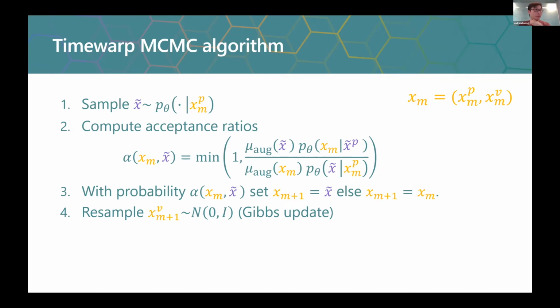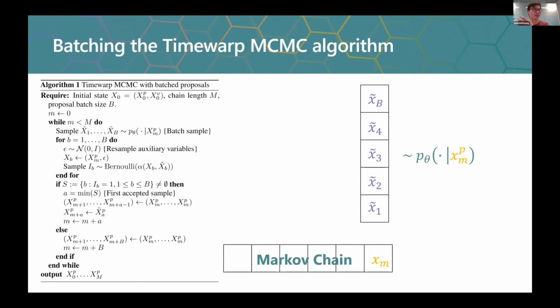Now, this seems painful and sequential because what's going to happen is you need to perform a forward pass for every single step. But we also introduce a batching algorithm for this. I'm not going to walk through this pseudocode because there are too many lines, but there's a little diagram on the right, which hopefully gives you the idea. We can sample a batch of B proposals from the model with one forward pass. We can compute their acceptance probabilities.